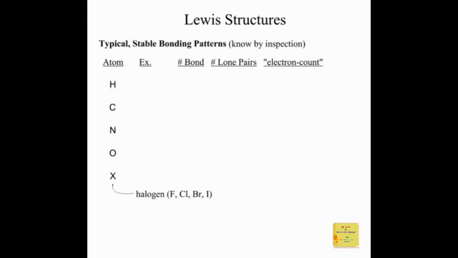So let's take a look at some typical stable bonding patterns that you should really know by inspection the more practice you have with Lewis structures. So for example, if we're taking a look at a hydrogen atom, what does a hydrogen atom usually look like when it's in a molecule? Well, it's going to have just a single bond. There's going to be 1 bond and 0 lone pairs.